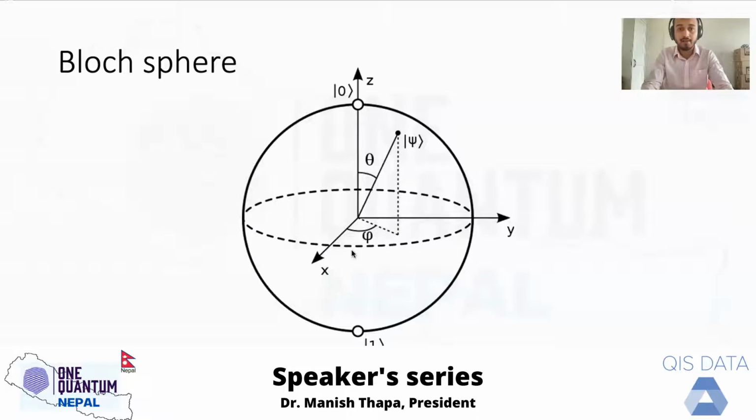And for a single qubit, the state of the qubit is entirely defined by all the points on this Bloch sphere. So you start at the origin and you point to a direction, and that is going to be some state of the qubit. You point here, another state. You point here, another state. You point here, another state.